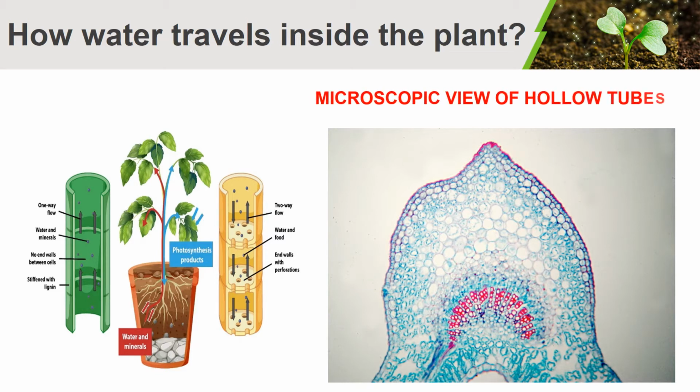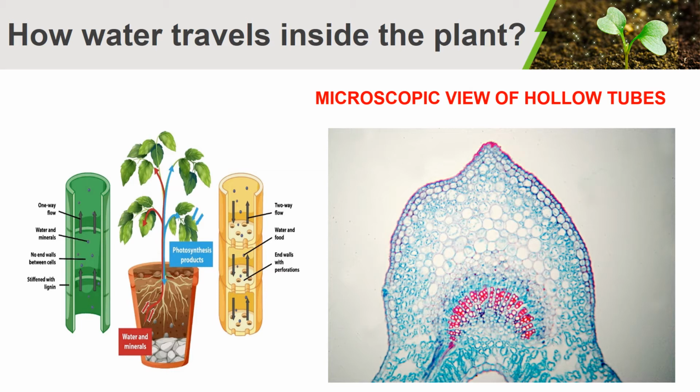We can see them only using a microscope. The picture on the right side shows a microscopic view of hollow tubes. These tubes carry water, minerals, and food that is prepared by the plant.